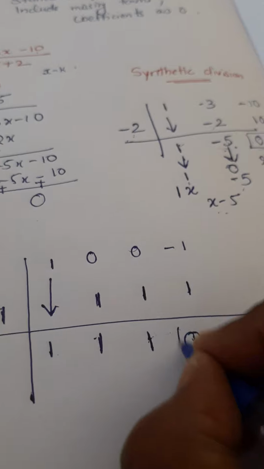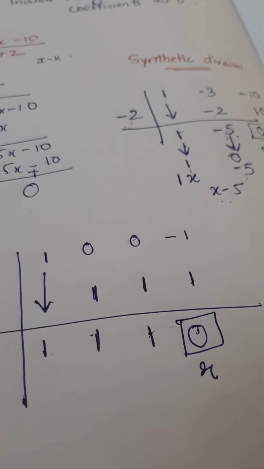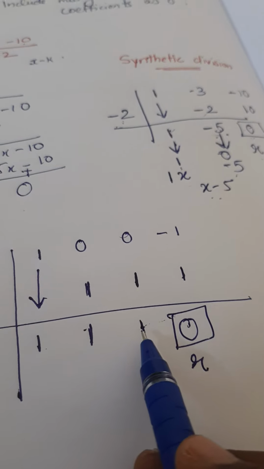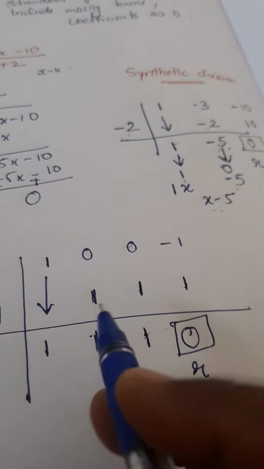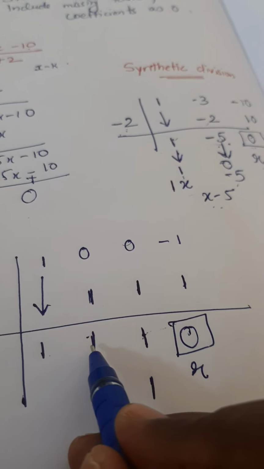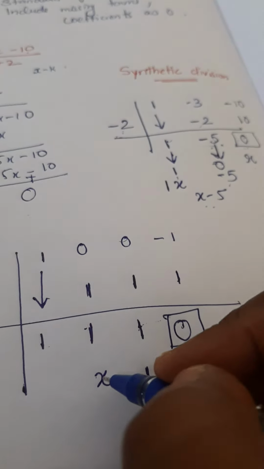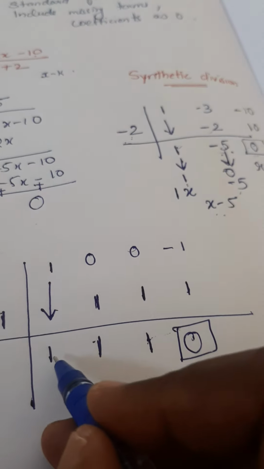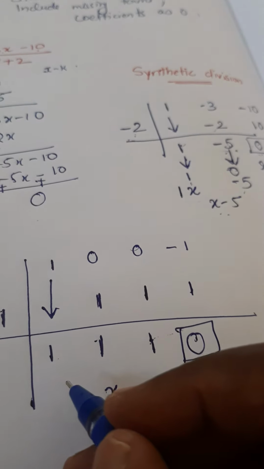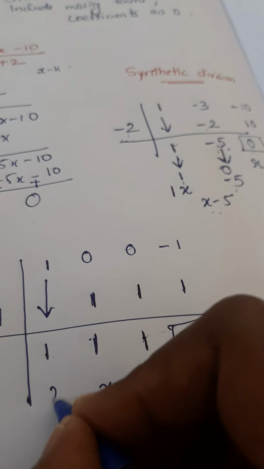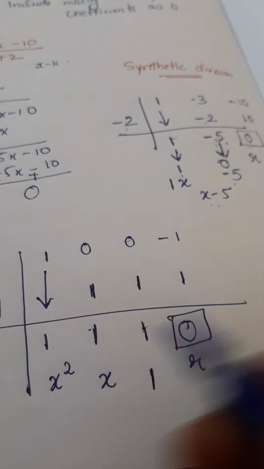So this last number is your remainder. The remainder is 0. Now the 1 will have degree 0, so it will be a constant. The next number, 1, will have degree 1, so the variable part will be x. The coefficient is 1, you need not mention it. The next number to the left is 1 and it will have degree 2, so the variable will be x square, and the coefficient is 1, you need not mention it.